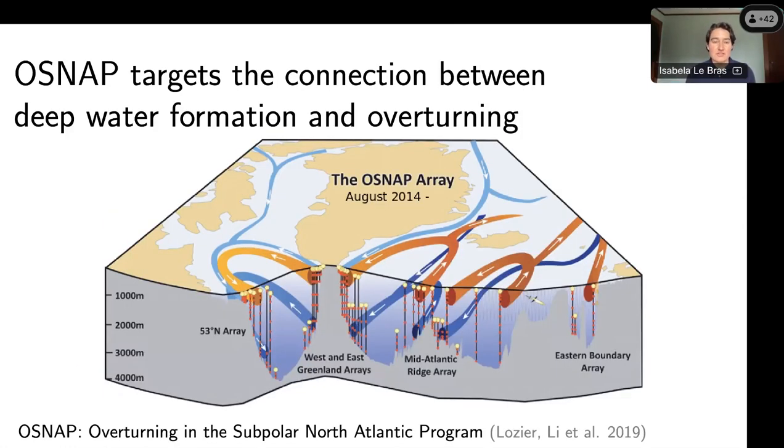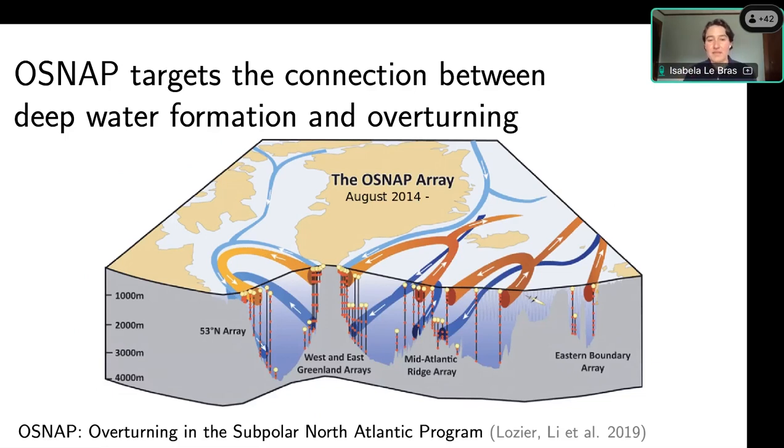And these are some of the motivations that set the OSNAP project in motion. It started in 2014. It's this vast moored array across the subpolar North Atlantic from Labrador to Greenland and then all the way across to Scotland. And like I said, one of the driving questions is understanding this connection between the deep water formation and the actual overturning.